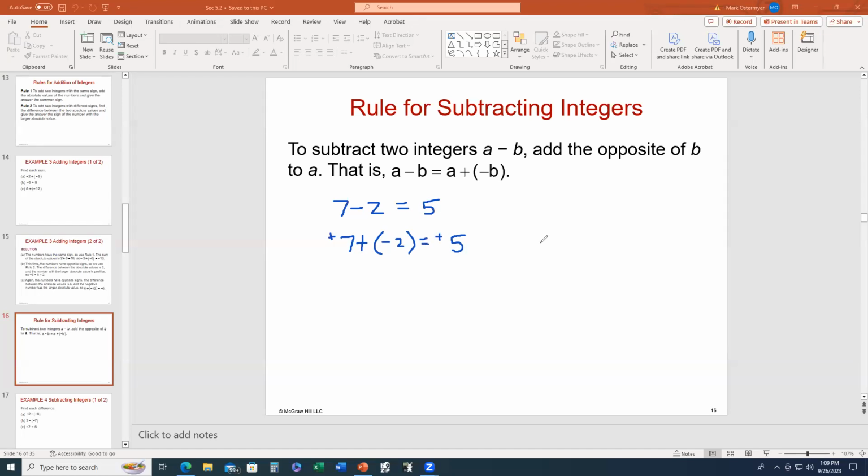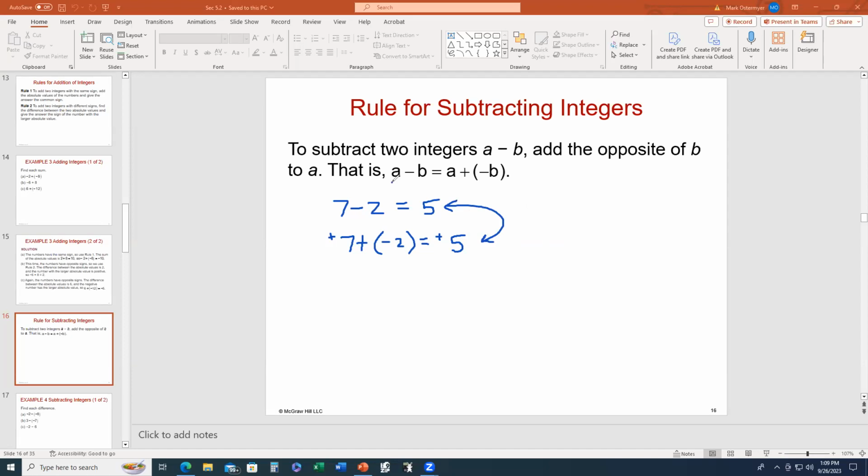Now, this is weird. We seemingly have two different problems here. 7 subtract 2 gives us 5, but 7 plus a negative 2 gives us 5 also. Is that just a coincidence, or are we on to something very important here? It's not just a coincidence, ladies and gentlemen. We're on to something really big. This is how we need to think of subtraction.